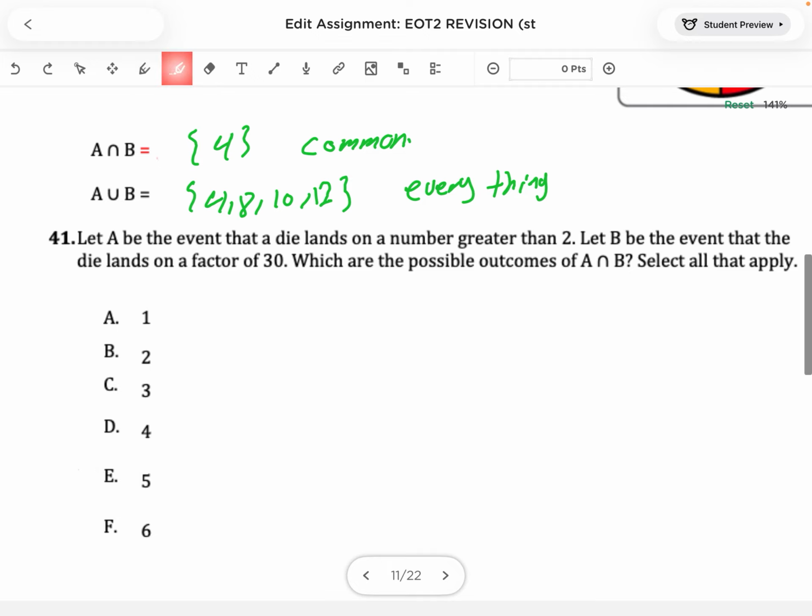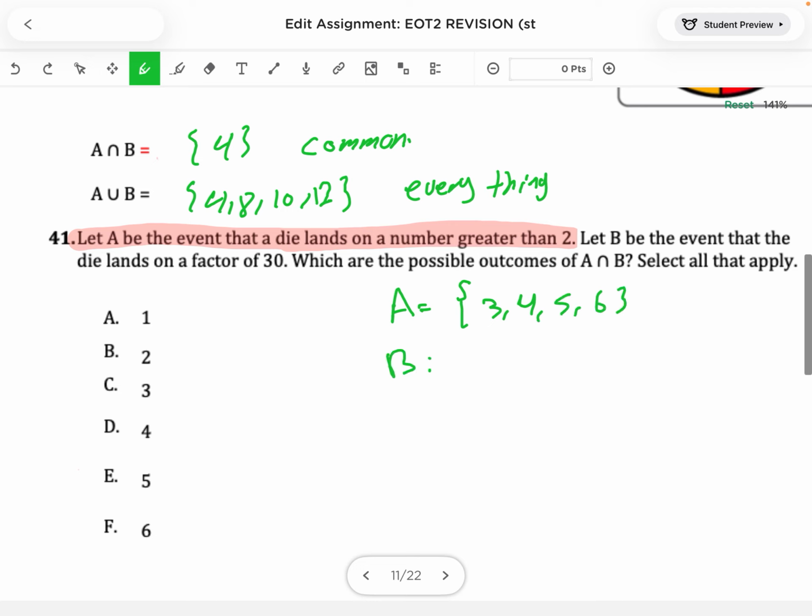And the next question, let A be a number that is greater than 2. So A will be 3, 4, 5, and 6. B, numbers that are factors of 30. Let us write all factors of 30 here. It is 1 times 30, 2 times 15, 3 times 10, 5 and 6.